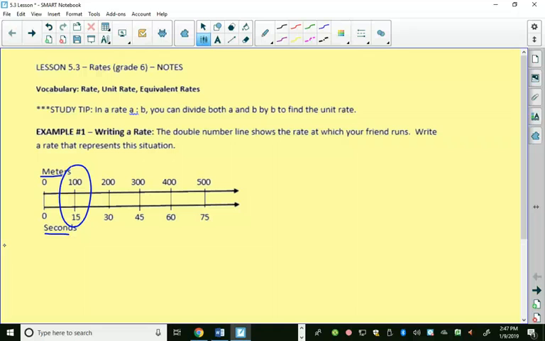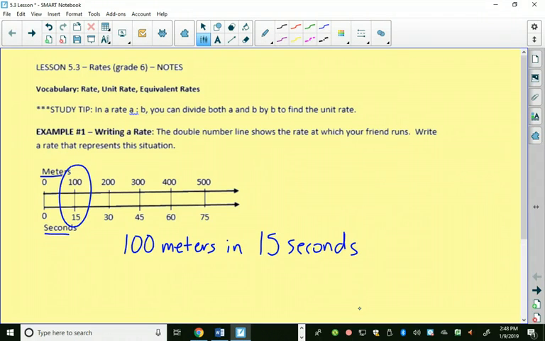I can write a rate from that line, okay? The 100 relates to meters, remember, because it's the top, and the 15 relates to seconds. So this rate would be 100 meters in 15 seconds. Okay? There's one rate that I got from the double number line.